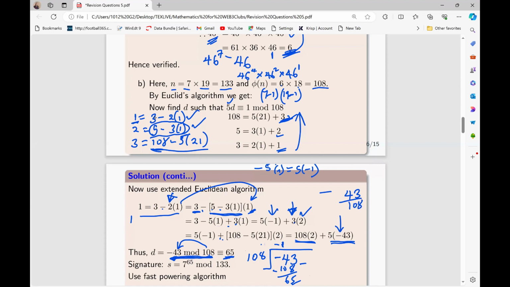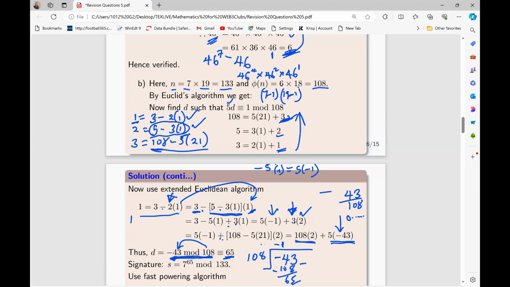You will find that 108 will go there 0 point something.